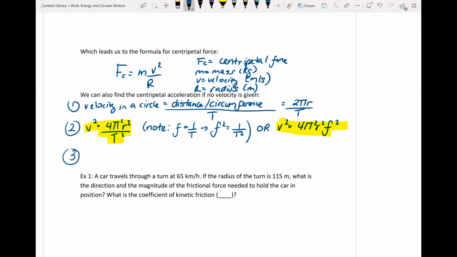Our next step is to use our centripetal force equation from above. I'm going to replace Fc with m times ac because force is equal to mass times acceleration. I'm going to cancel mass on both sides, so we're left with ac is equal to v squared over r. Now I'm going to replace the v squared with what we found in part 2. V squared is 4 pi squared r squared over t squared, and one of our r's is going to cancel out.